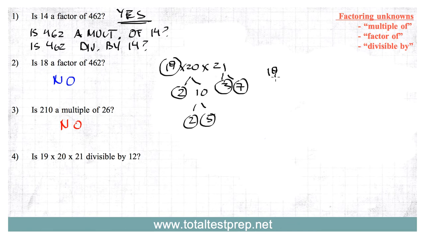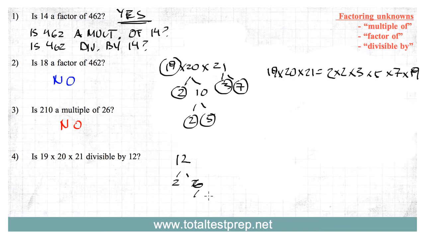And so 19 times 20 times 21, whatever that number is, actually breaks down to 2 times 2 times 3 times 5 times 7 times 19. 12 is 2 times 6, and 6 is 2 times 3, so the prime factors of 12 are 2 times 2 times 3.